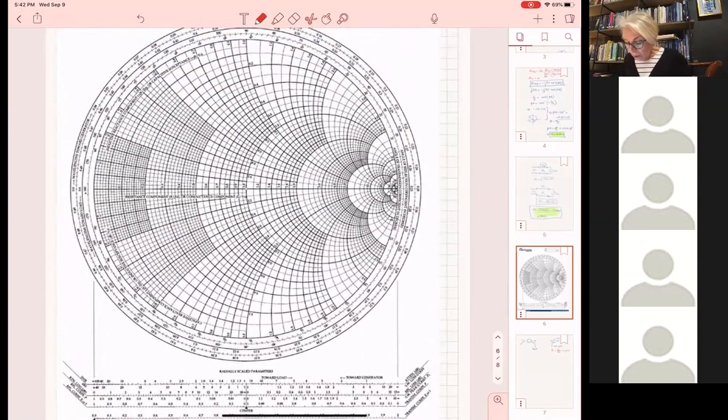Where is the circle of resistance that has 2? The circle that has a resistance of 2 is this one. Okay, here.